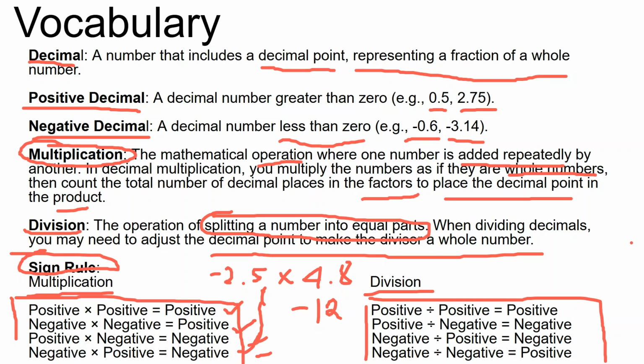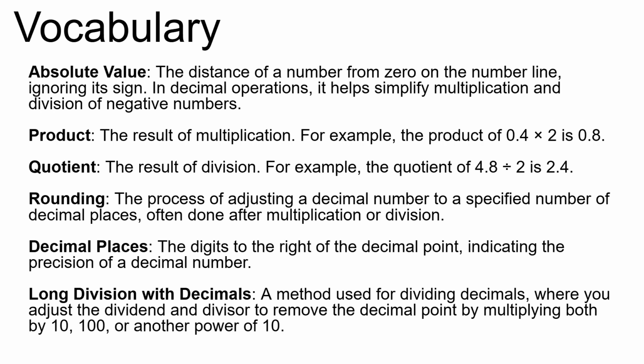Let's move on to the next one. Now the next vocabulary is absolute value. I have touched on this in our lesson about addition and subtraction of positive and negative decimals.